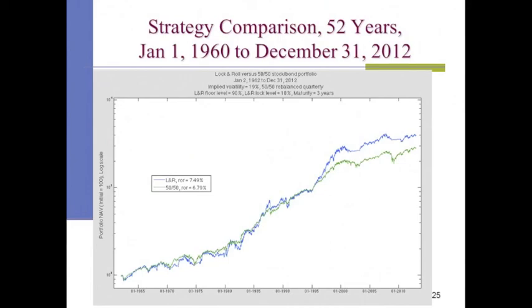But the general characteristic of it is that you avoid big losses and you capture substantial gains, not all the gains, obviously, of the S&P 500, but a lot better than a roughly equivalent static portfolio of 50-50.